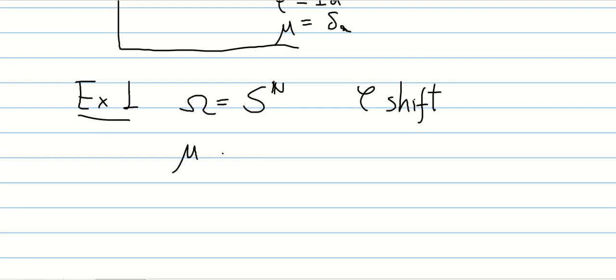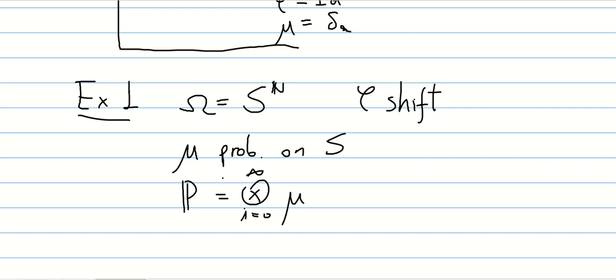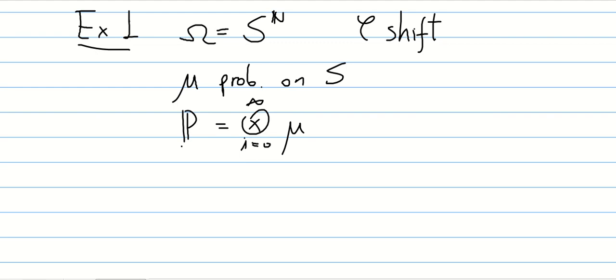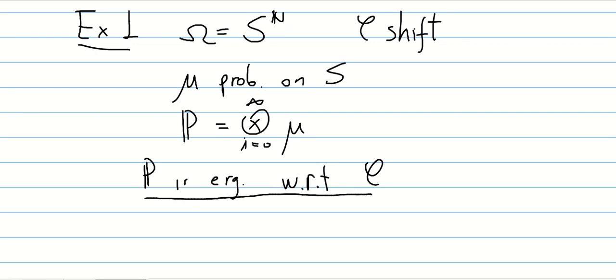We fix mu, a probability on S, and let P be equal to the infinite product of mu. So we're going to prove that P is ergodic with respect to the shift. This is going to be a theorem.